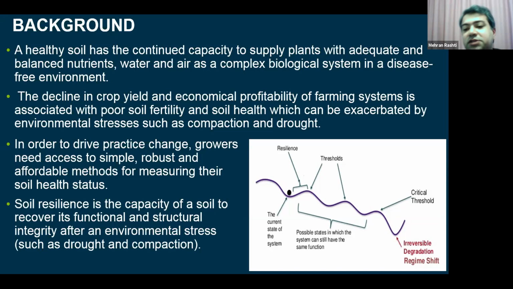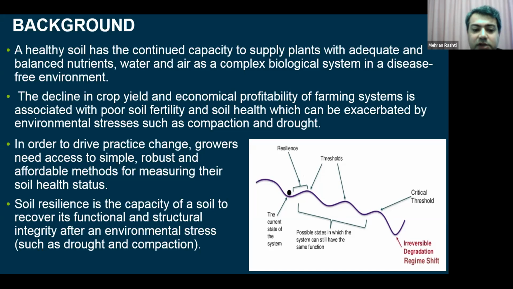And then using a simple process, for example, measuring CO2 respiration, we can relate those results to the other parameters that we have measured in the lab and come up with the soil health status, which can be used in different field experiments to evaluate whether our best management practices are actually increasing soil health status or not.